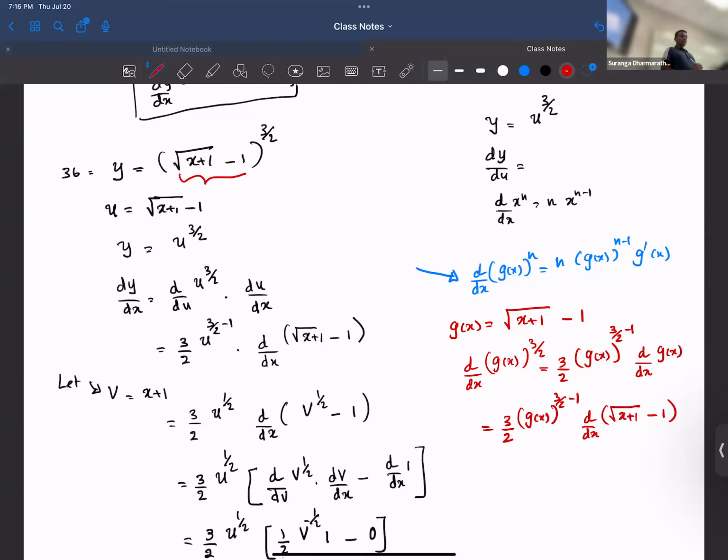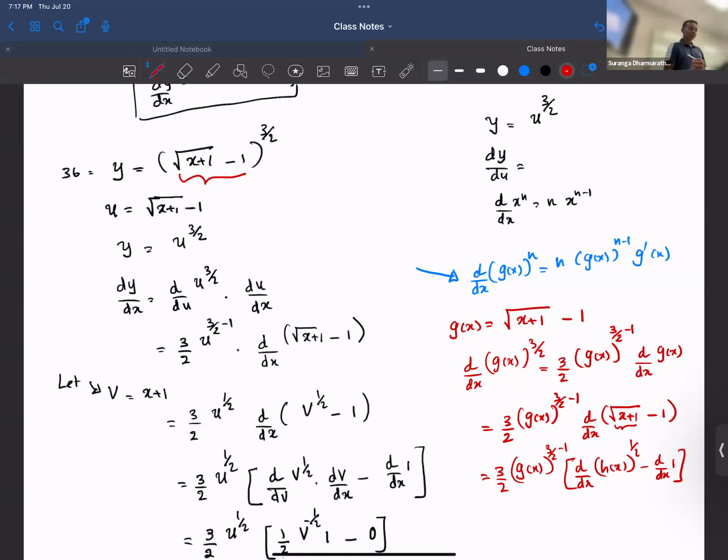And again, when you see this function, you can put h of x, right? So we have the same thing that we did earlier, g of x, and then you can take this one as h of x, the inside. So you have d over dx h of x to the power half minus d over dx 1.